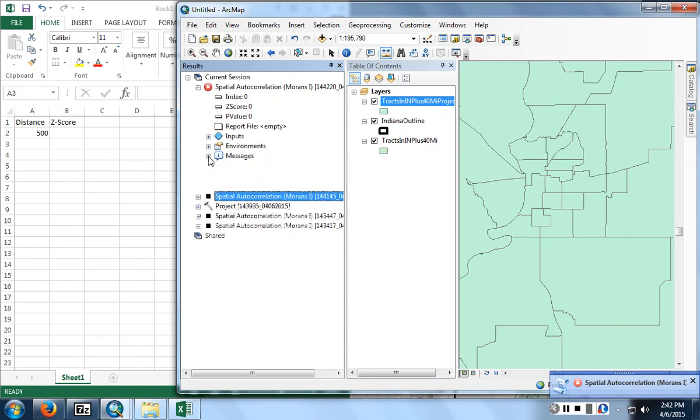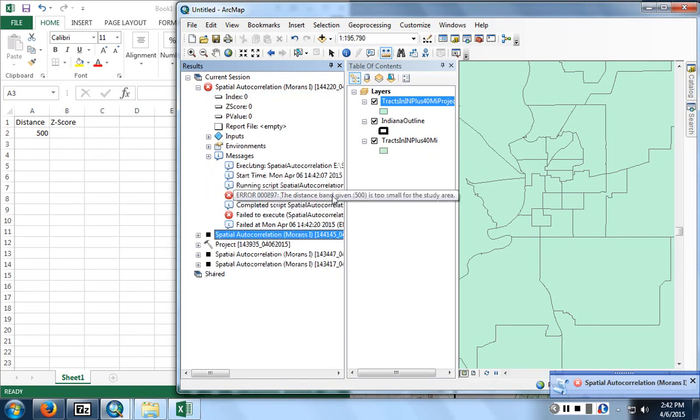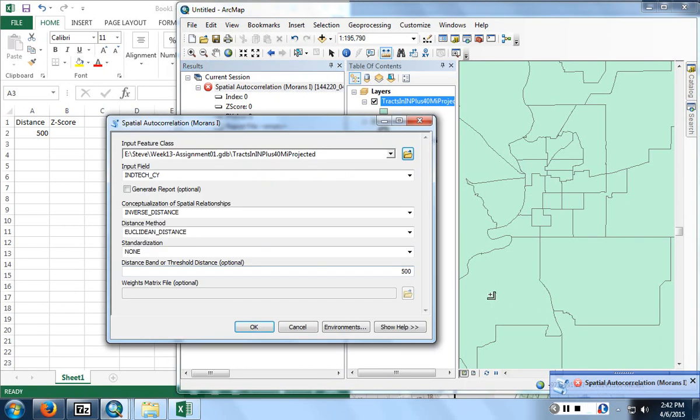Didn't run. What happened? So now the distance band is too small. 500 meters means that some of these places don't have a neighbor. So let's go up, maybe we'll start at 10,000, which would be 10 kilometers, right?